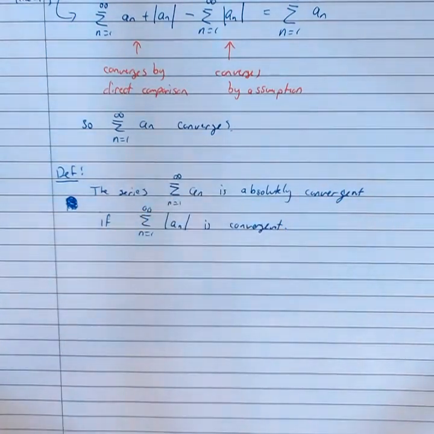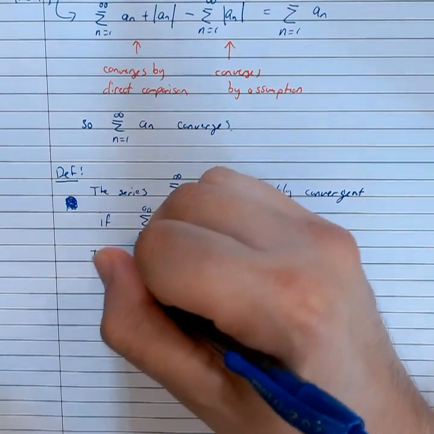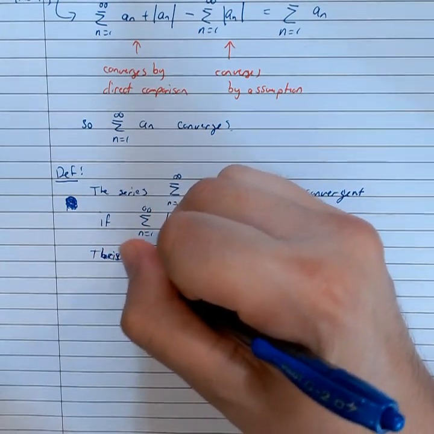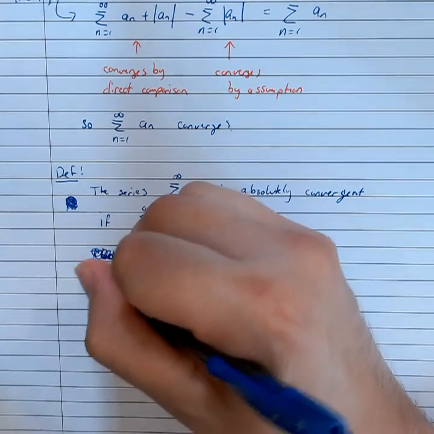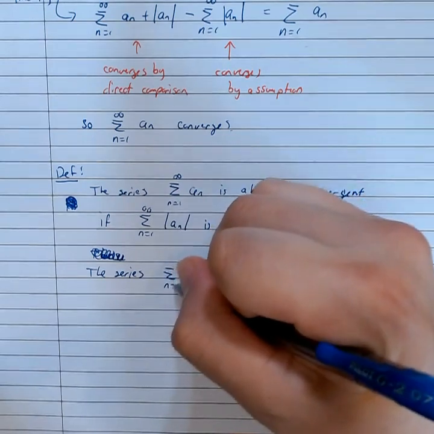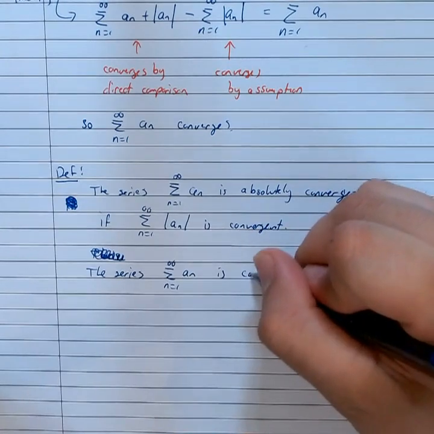On the other hand, the series sum as n goes from 1 to infinity of a sub n is said to be conditionally convergent.